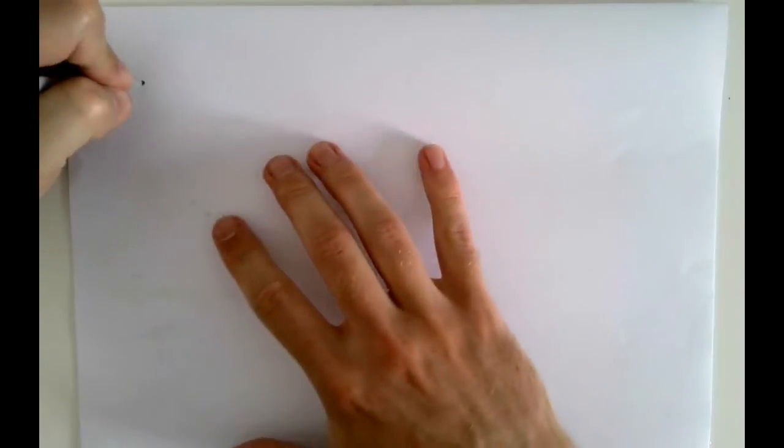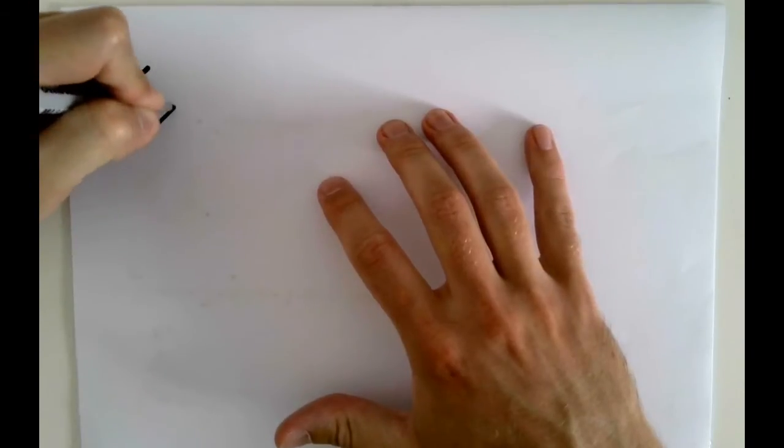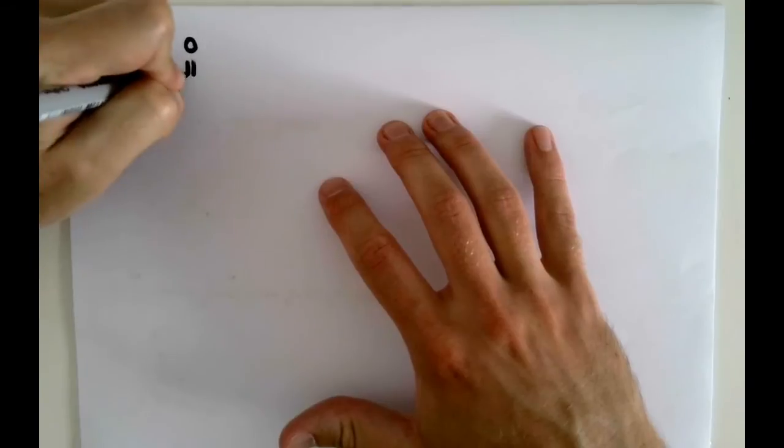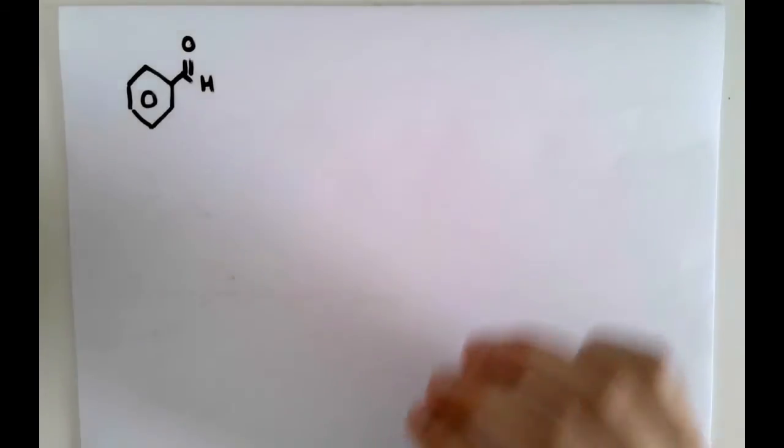Now the last thing I want to show you in this video is some common aromatic compounds that will crop up that you need to be able to name. So I'll draw all 4 of them. There's the first one that you need to be able to name.